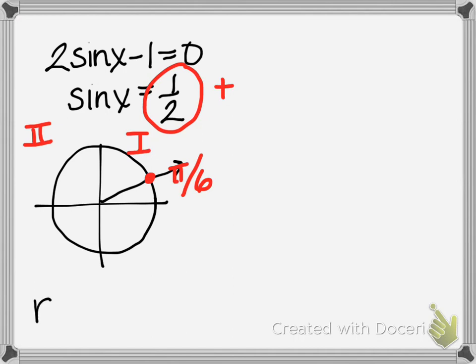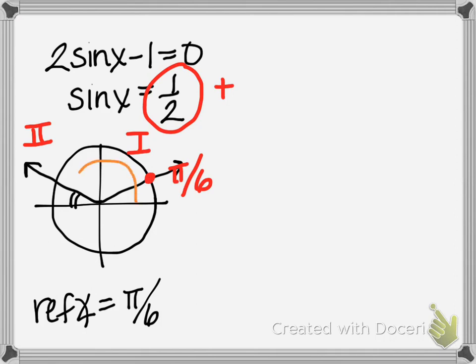So my reference angle is pi sixths. If I draw an angle in the second quadrant that has a reference angle here of pi sixths, then the angle that I have drawn in orange would also have a sine value of 1/2. I like to work backwards from 180 degrees or pi radians here.